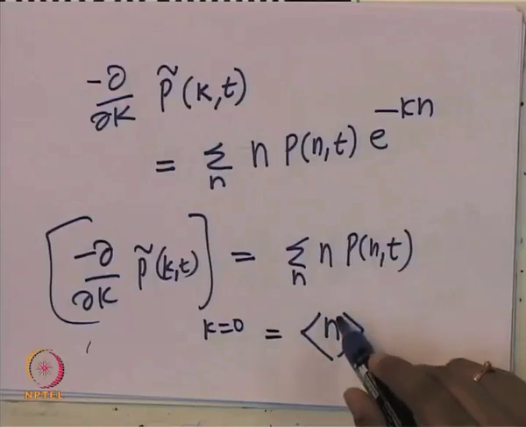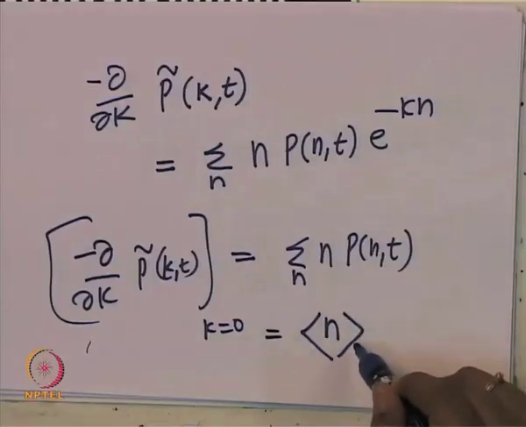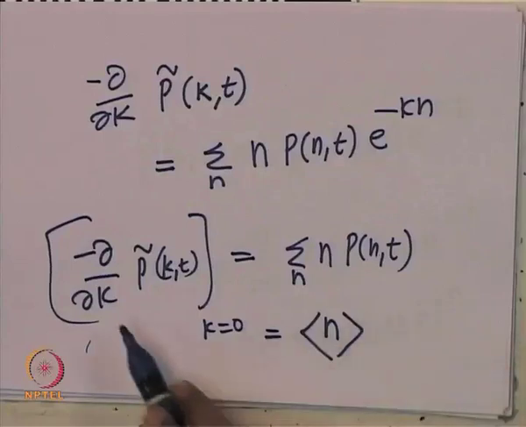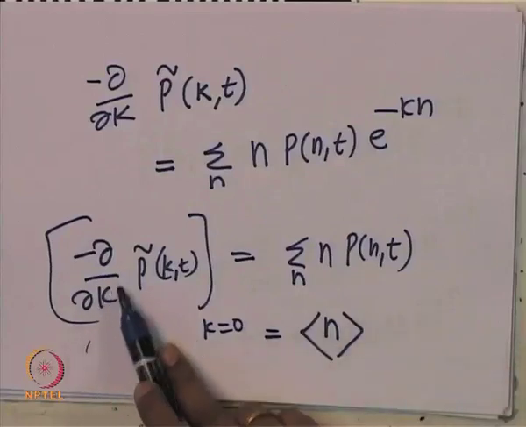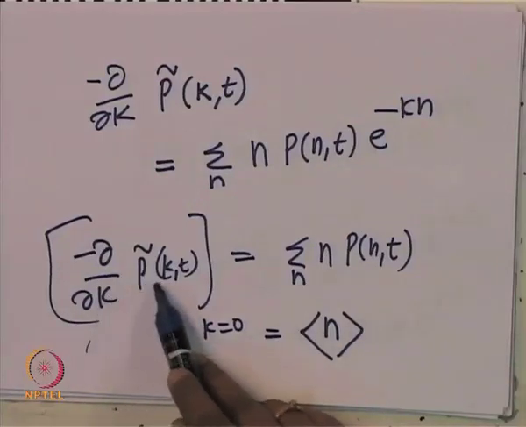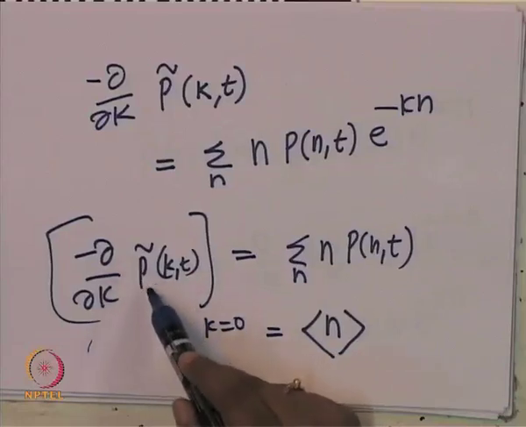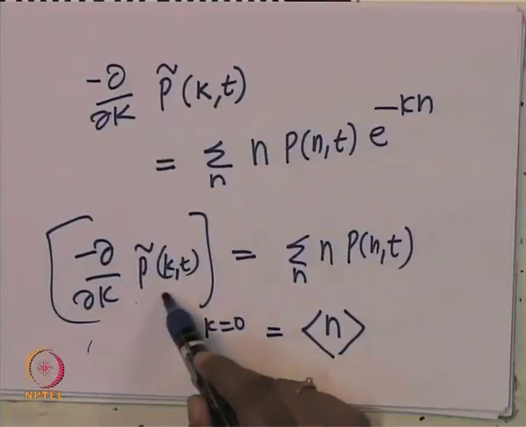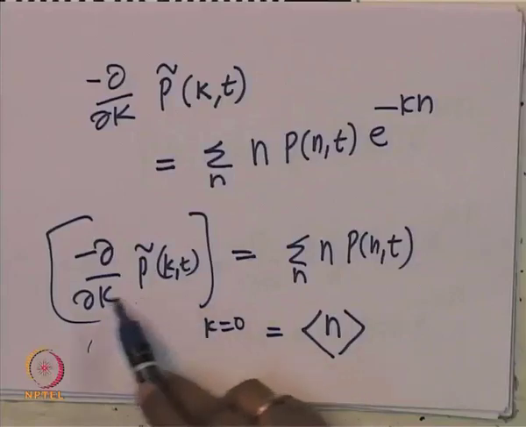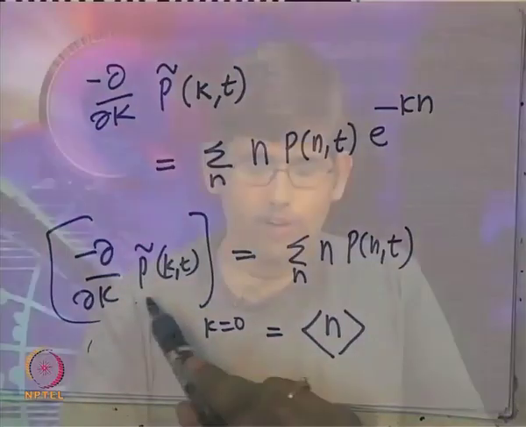So, the average number of monomers can be easily calculated by finding the derivative of the newly found transformed probability p tilde of k with respect to k. We already found this, and by just doing one derivative we get the average number of monomers on the filament.